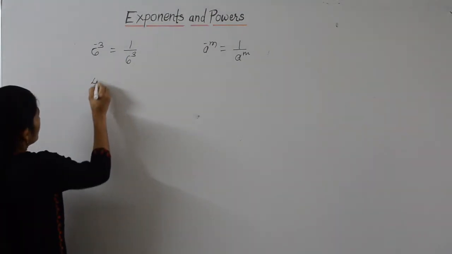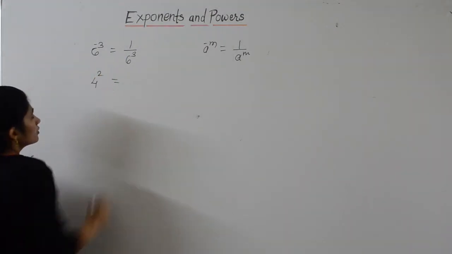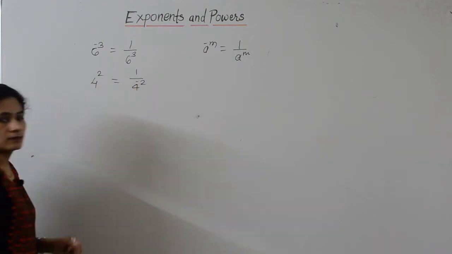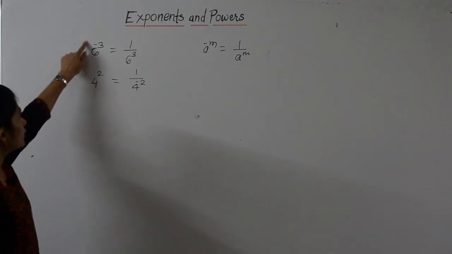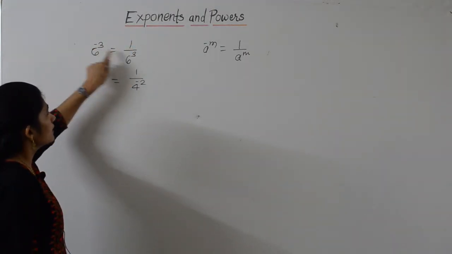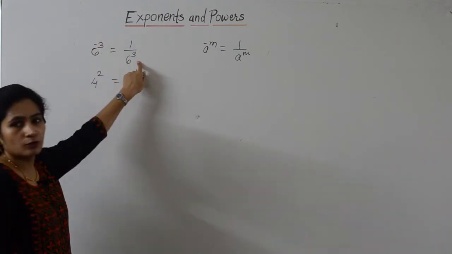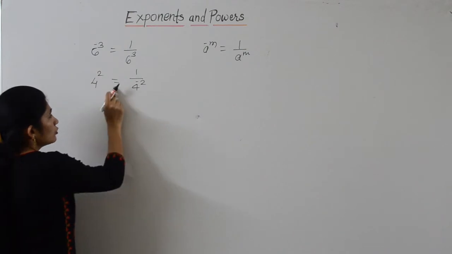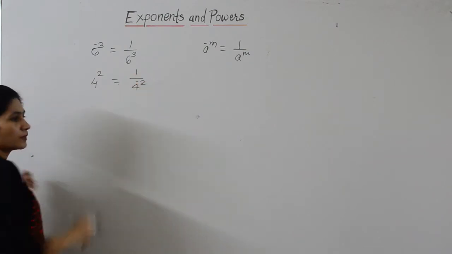If you have 4 to the power 2, then you can write 1 upon 4 raised to power minus 2. For the negative exponent, take the reciprocal of 6, 1 by 6, and this negative power will turn into positive power.